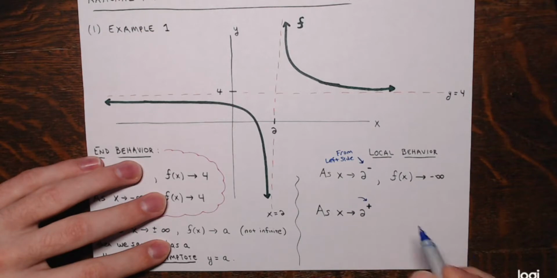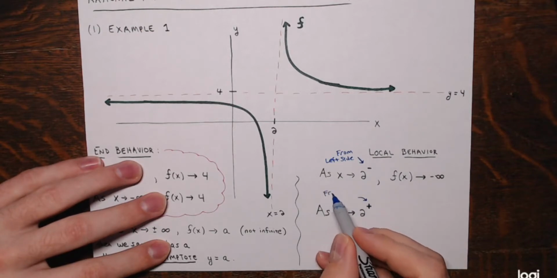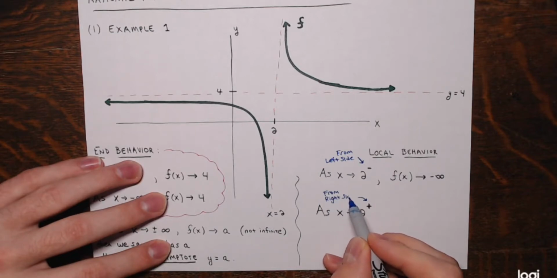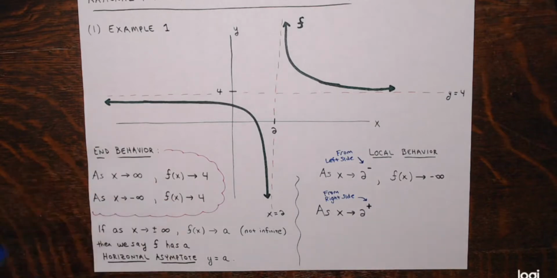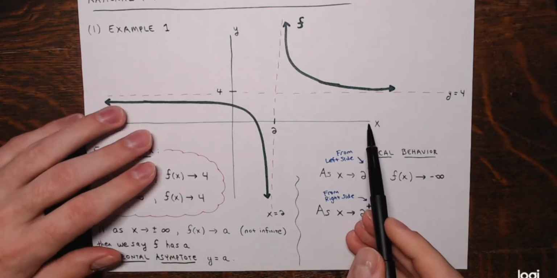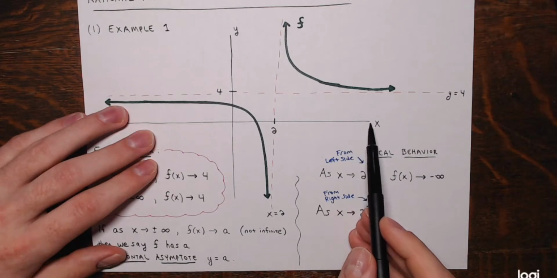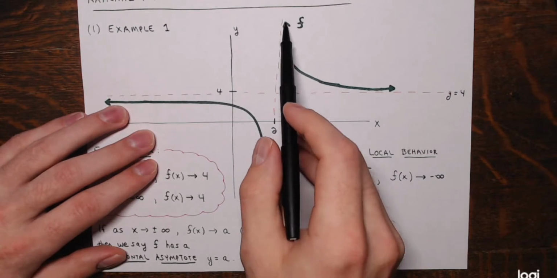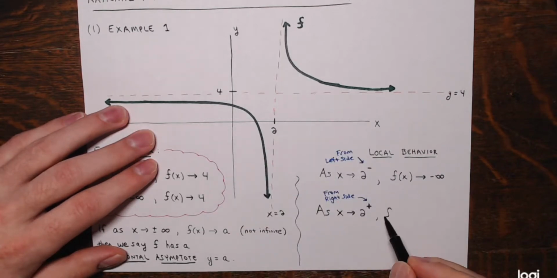So this little plus sign means, from the right side, you're looking at values of x greater than 2. Well, as x approaches 2 from the right side, look at what happens to the graph of the function. It's going up forever. So the value of f is approaching positive infinity. And there we go.